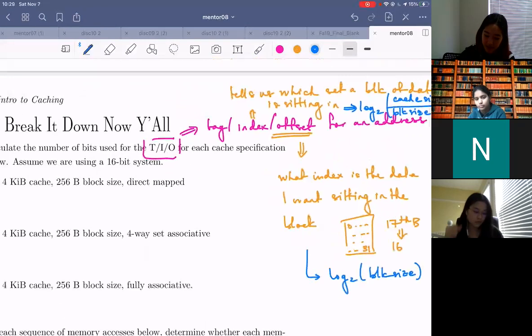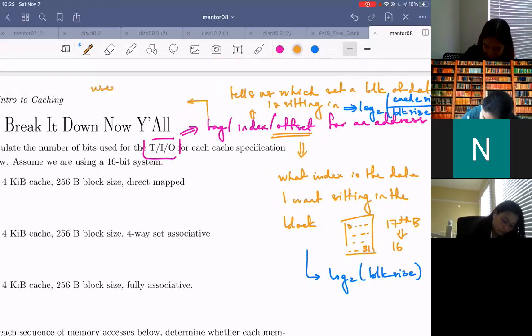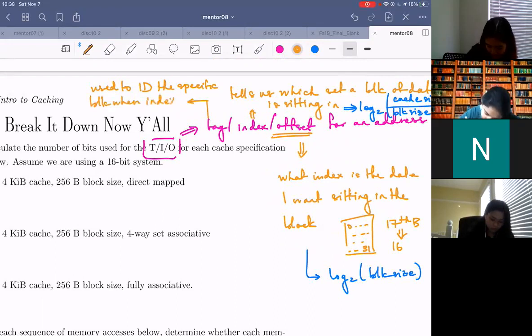The tag bit, like we said earlier, is used to identify the specific block when the index is the same.